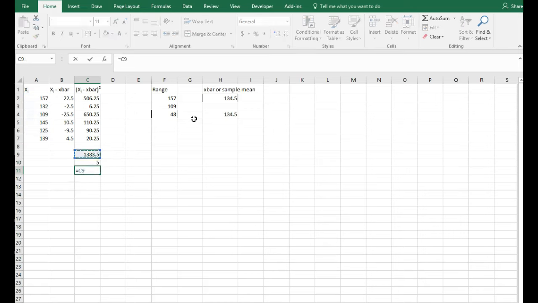This divided by this. Okay, so that's what we're going to call our hand calc variance. And then we take the square root to get the standard deviation. So that's that. Now let's see if Excel has the same calculation.